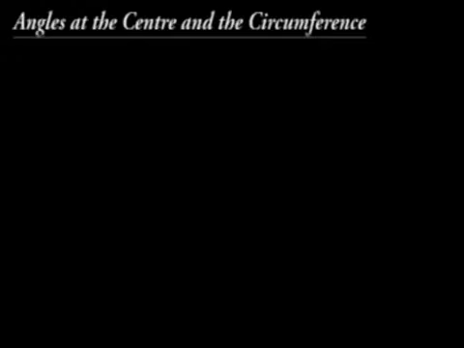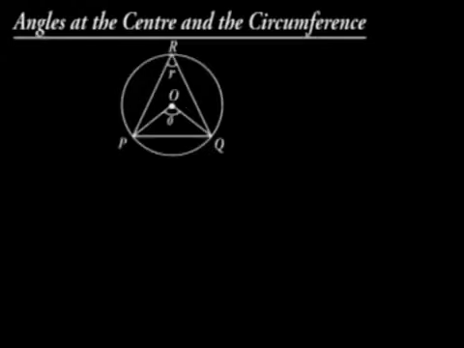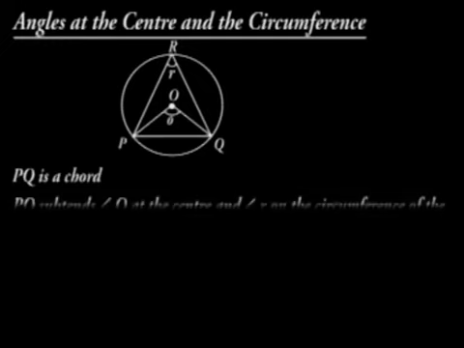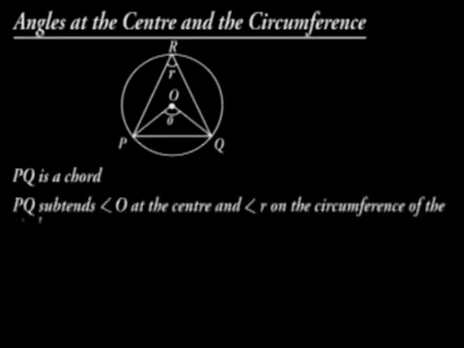Angles at the center and the circumference. Consider the figure below. PQ is a chord. PQ subtends angle O at the center and angle R on the circumference.